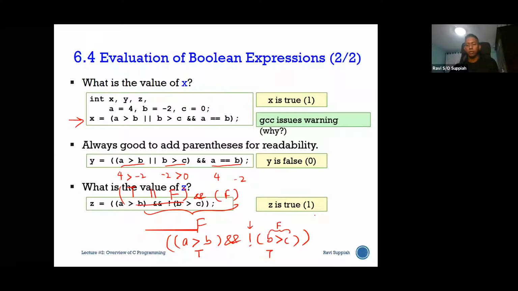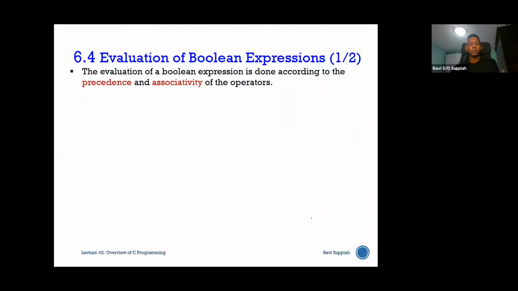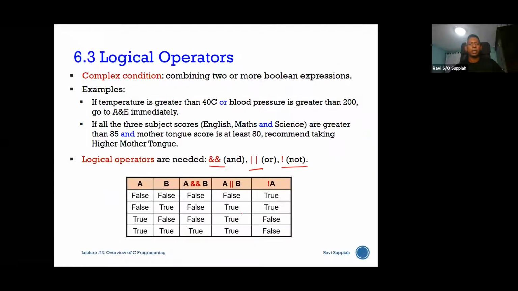If you're not very sure of the logic, you can always go back to this. As far as the AND operation is concerned, only when both of them are true is the output true. If any one of them is false, the output is going to be false.